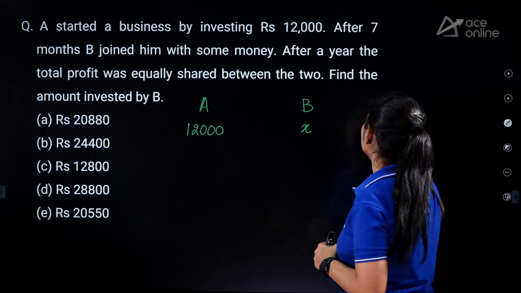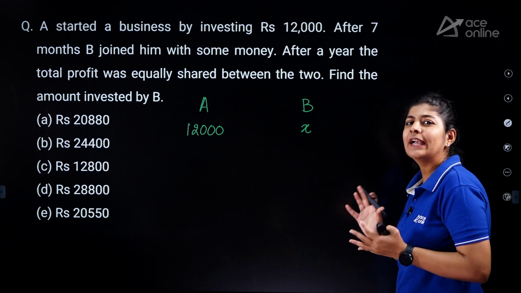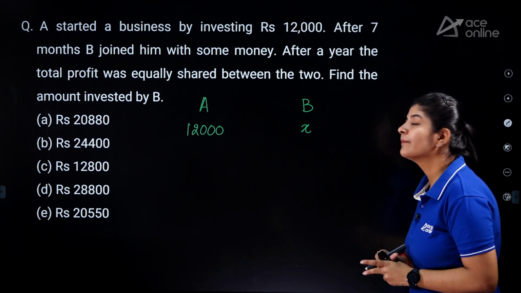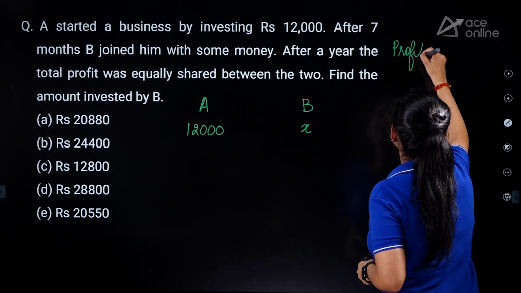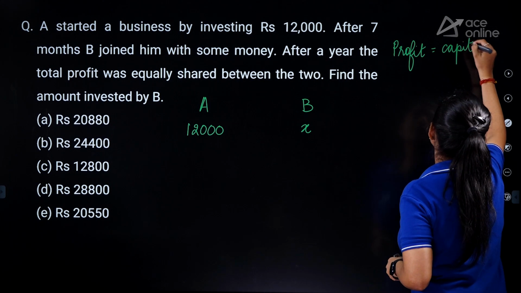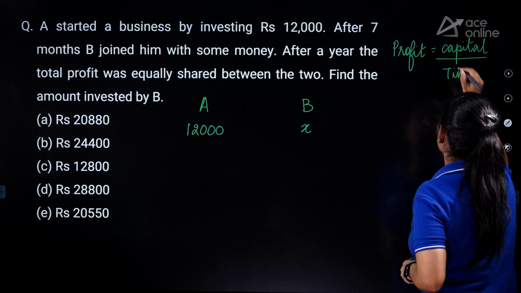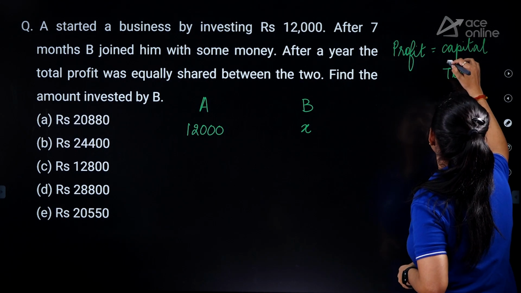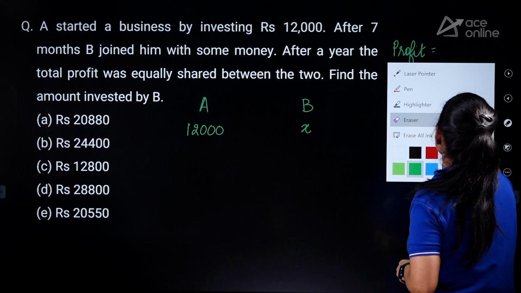Okay. Now we know that when we are dealing with the concept of partnership, we are having just one single formula and that is nothing but profit is equal to the capital or the investment that we did multiplied by the time. Don't use divide over here. Most of the students make the same mistake and they get the incorrect answer.